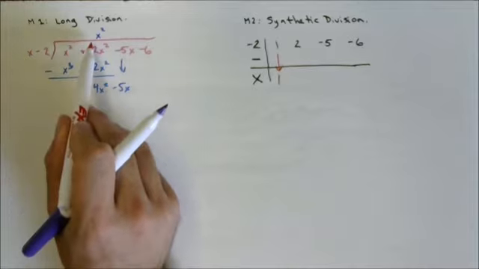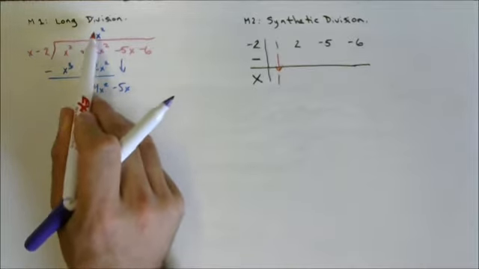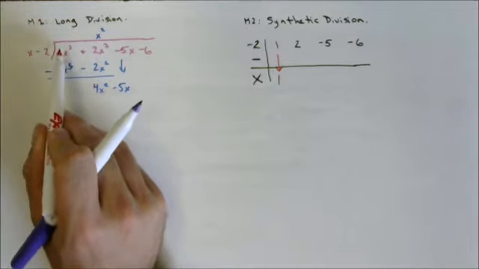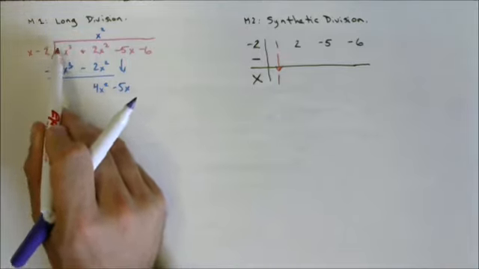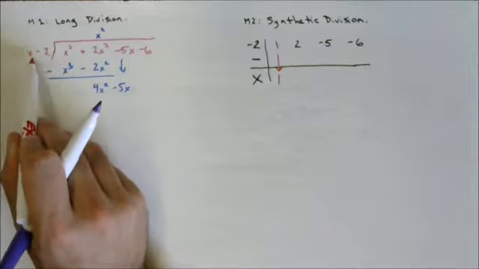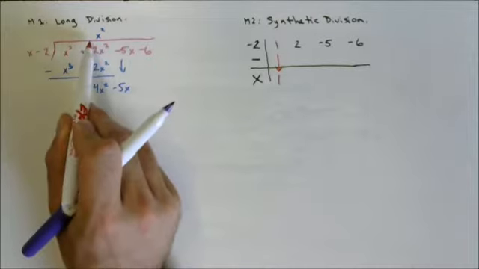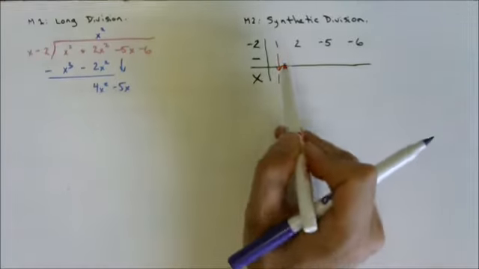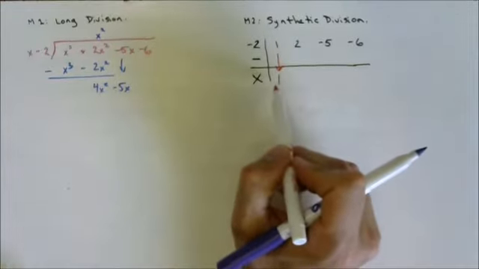So my result is going to have a leading term with a coefficient of 1. Yeah? If I had a 2 here, for example, and I was dividing by x minus 2, then this leading coefficient would be 2. It would be the same. Okay? So that's what's happening here when we bring down our leading coefficient.